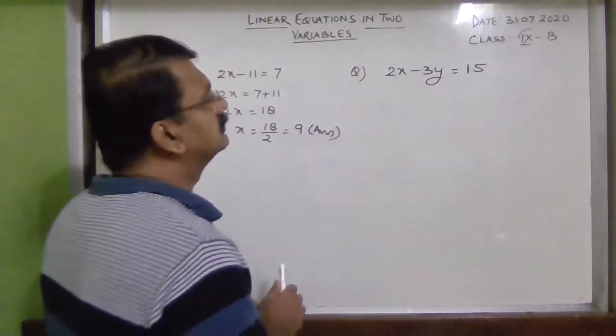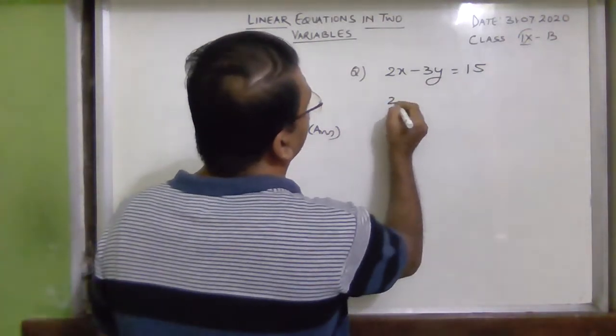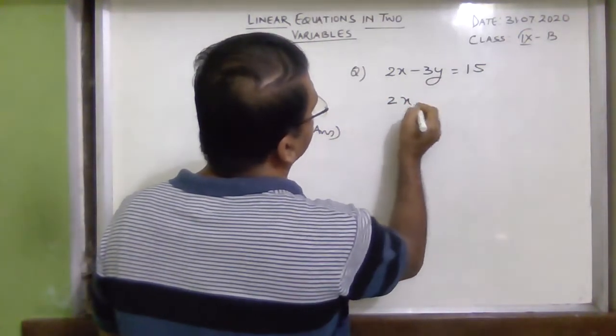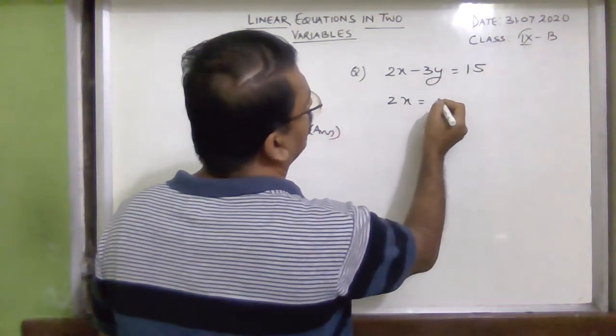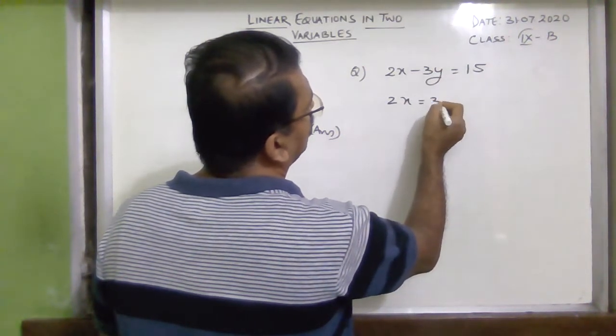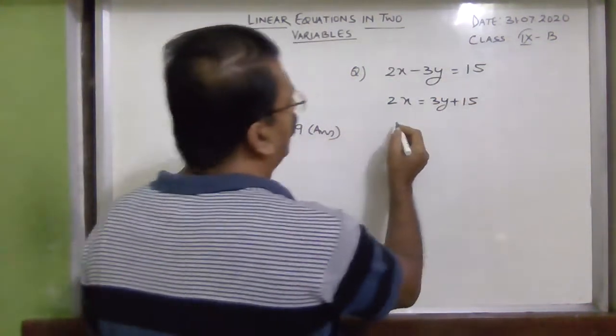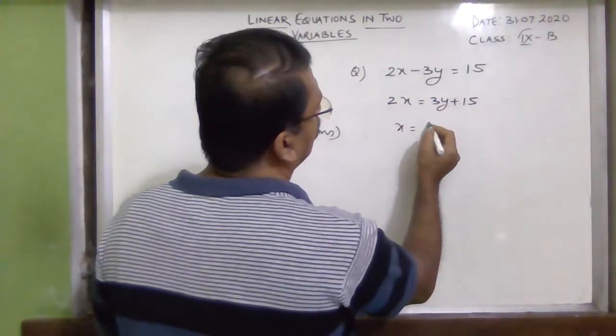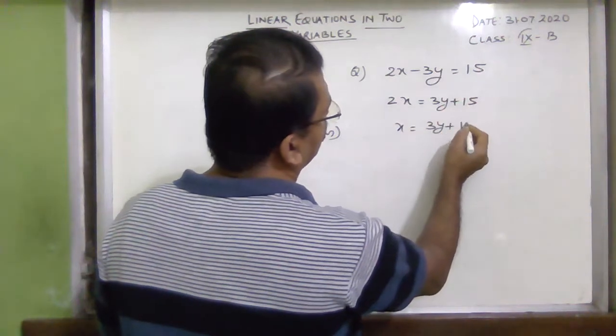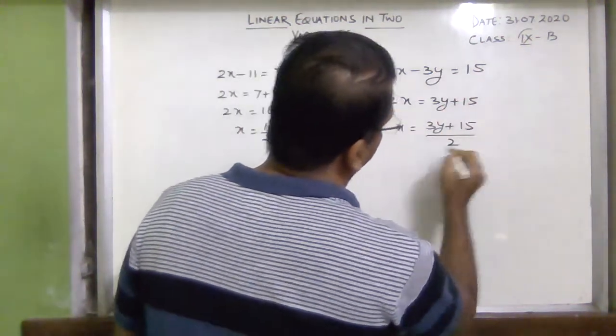I'll show you how. If you solve it, 2x will be equal to 3y plus 15, or we can say x is equal to 3y plus 15 upon 2.